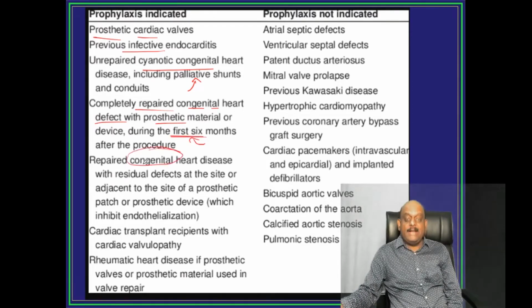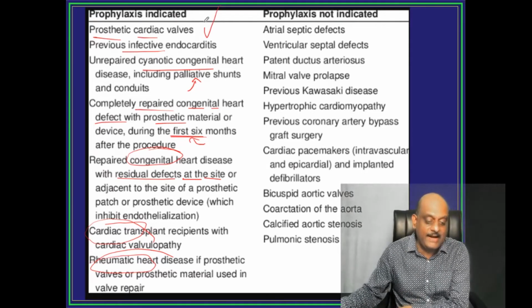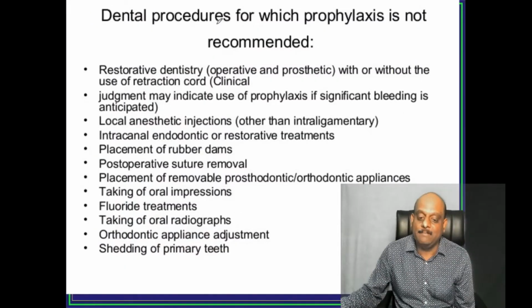Any repaired congenital heart disease where there is a residual defect. Any cardiac transplant recipient. Or a rheumatic heart disease if the prosthetic heart valves are typically located. So they're all where prophylaxis is indicated is what you have to remember.